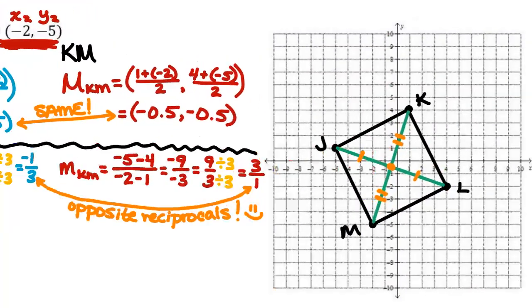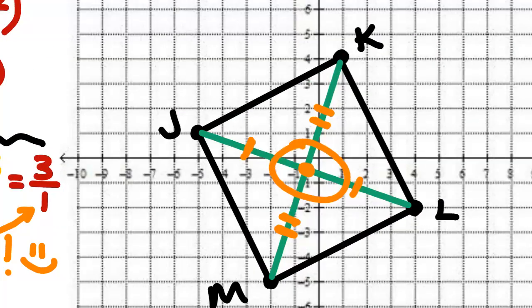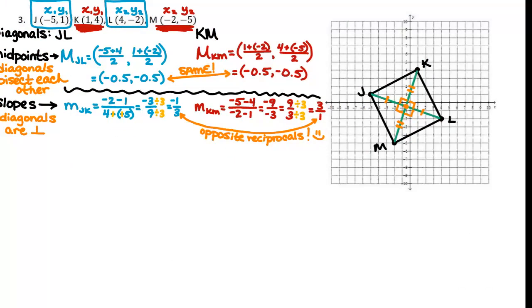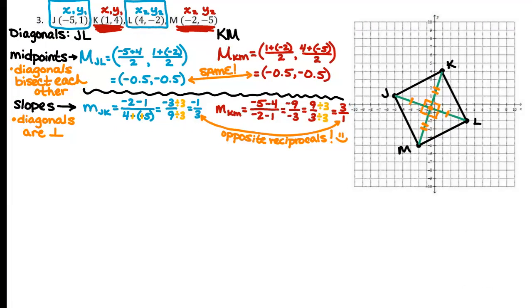So here, right in the center of this shape, right near where that midpoint is, these are 4 right angles in here. All right. Because my diagonals are perpendicular, the slopes are opposite reciprocals.